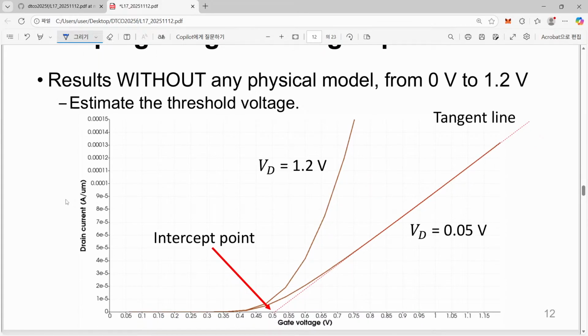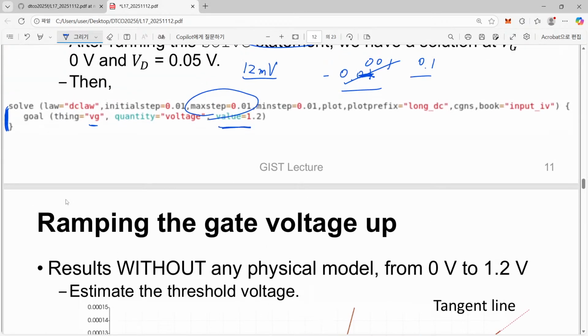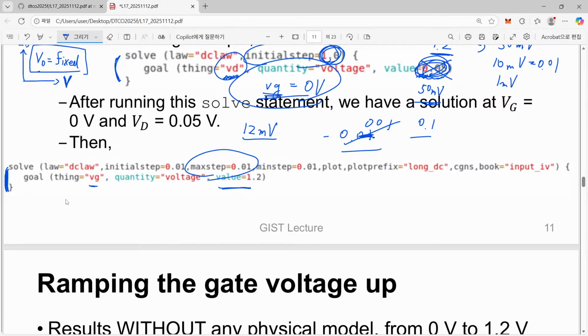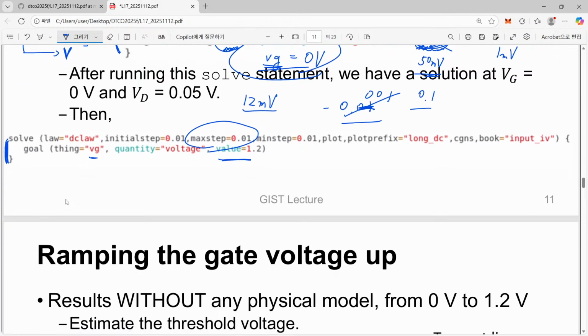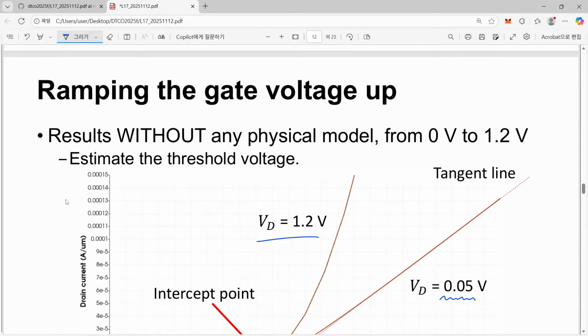Well, anyway, after this job is over, you have a certain CSV file, and please draw it. Then you will have two different lines, because previously you tried 50 millivolt, and if you change this number to 1.2, then you will have another line corresponding to VD equal to 1.2.